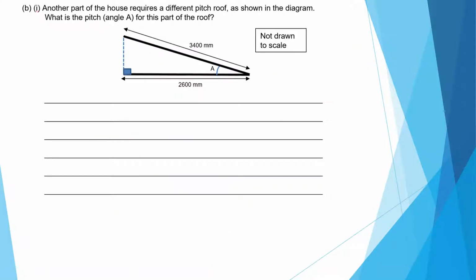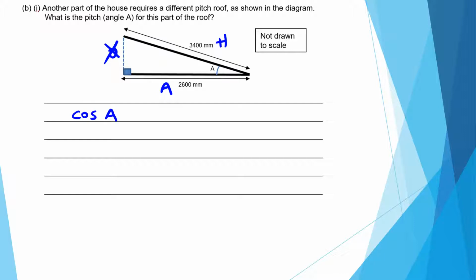Okay, so here again, we need to find an angle in a right angled triangle. So let's label the sides, opposite, adjacent, hypotenuse. Don't need to use the opposite, so we've got the adjacent and hypotenuse, which means we're going to need to use cosine.